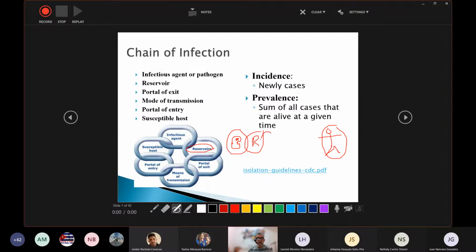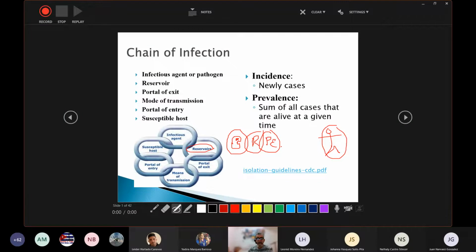The reservoir is the place where the bug is living. The next link is how this bug is leaving the reservoir to reach the human, and it is called the portal of exit. You leave from an exit, not from an entrance.